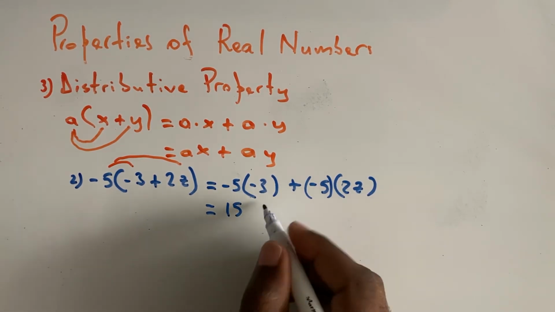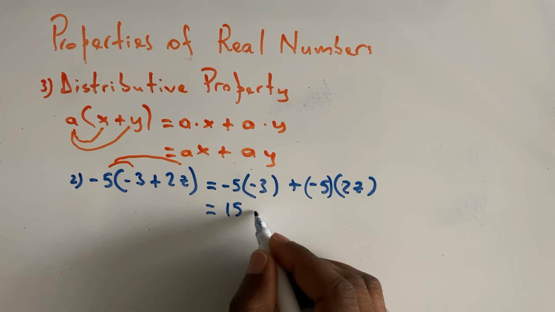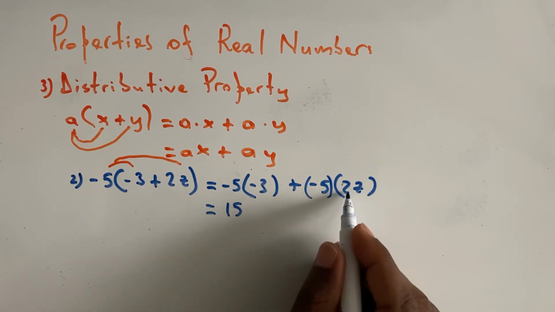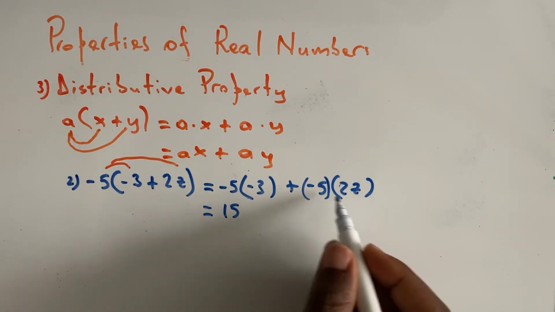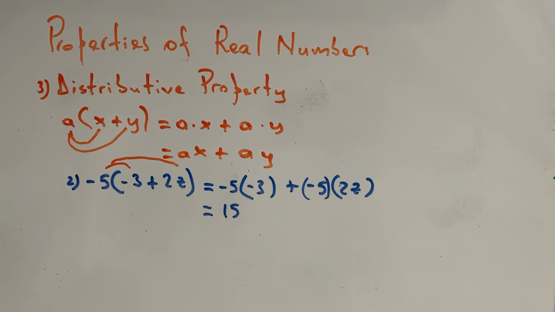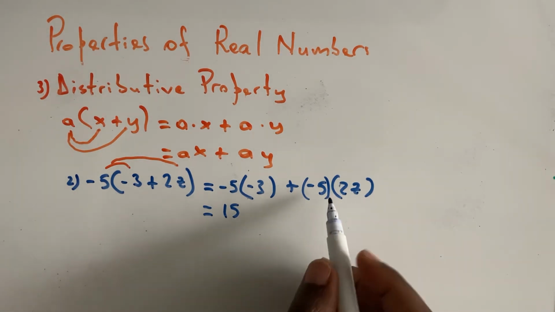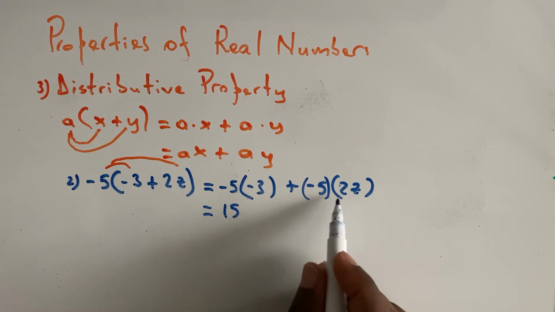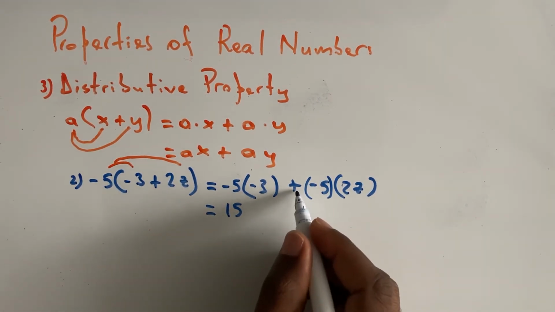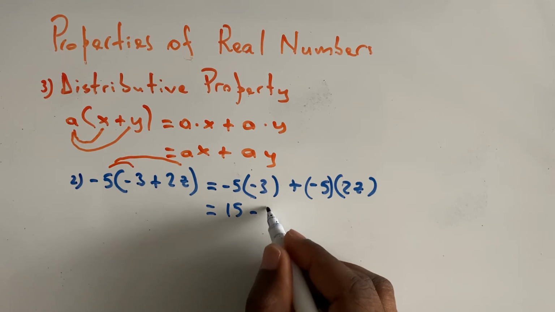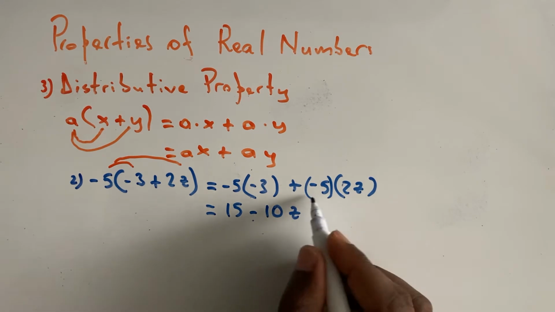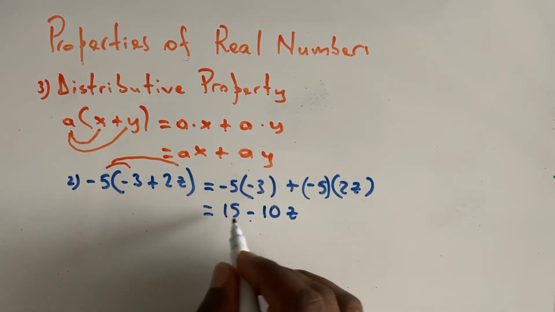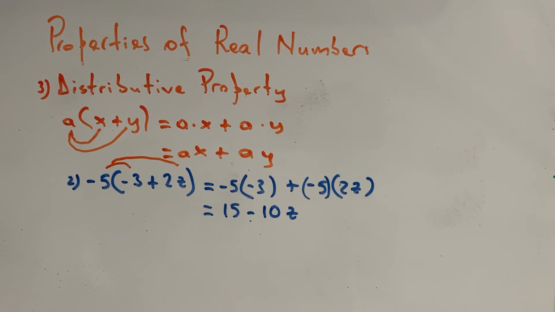Two negatives give you a positive, so positive 15. Then -5 times positive 2z is negative. Again, here you use the associative property. -5 times 2, you associate the -5 and the 2, which gives you -10, then z. So -10z. Positive times a negative is a negative, okay? So 15 minus 10z, okay?